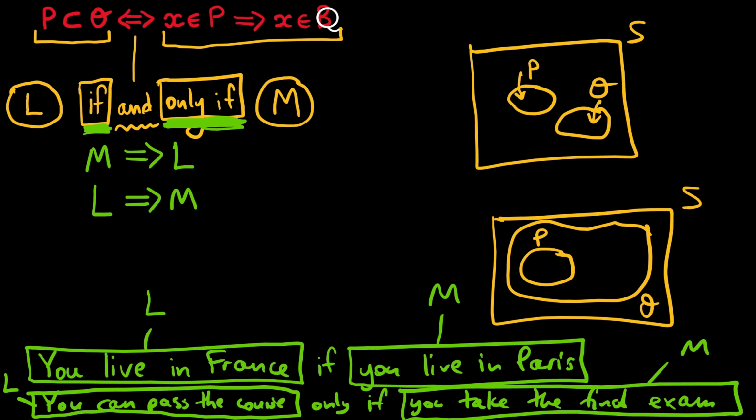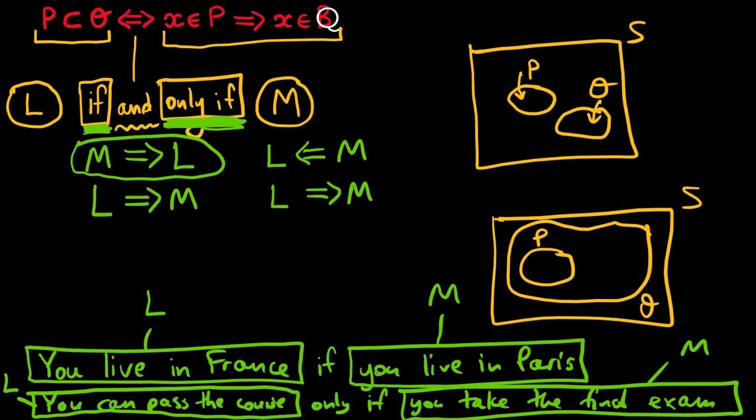And notice that this first one here, if I just keep L on the left and M on the right, we have M implying L. That's what the first condition says, and the second one, L implies M. And they are connected by a symbol that stands for "and".